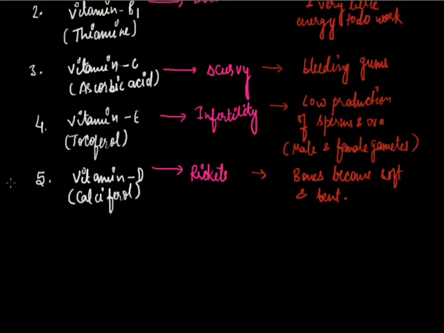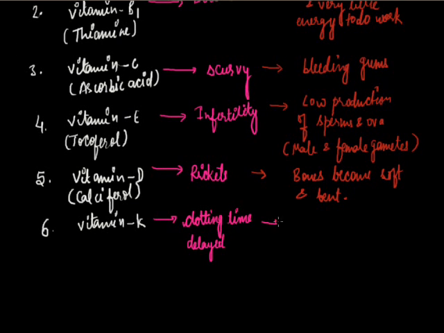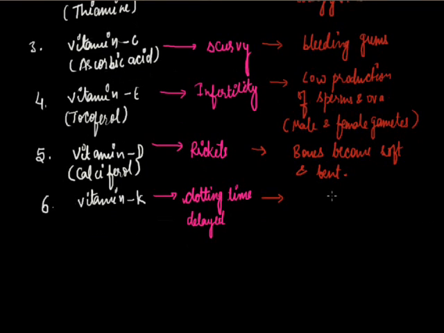Next is vitamin K. The deficiency disorder of vitamin K is delayed clotting time. Because of delayed blood clotting, bleeding time exceeds and loss of blood occurs in a high amount.